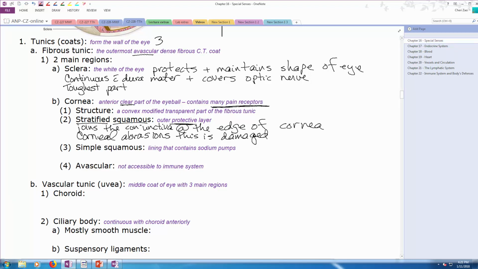And you know that if you keep the area protected, the nice thing about stratified squamous epithelium is it gets replaced. So if you rip some of your skin off, and if you leave enough of a base of your skin, you know that you will get normal skin to grow back.